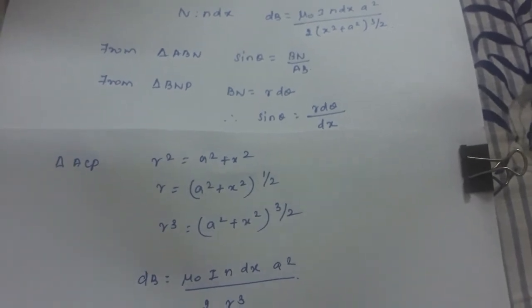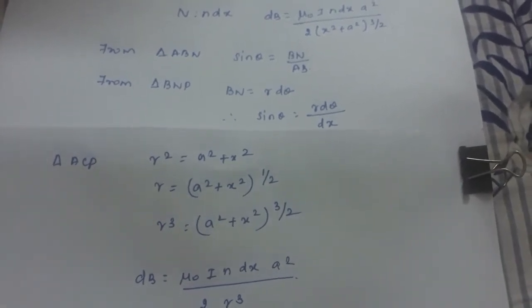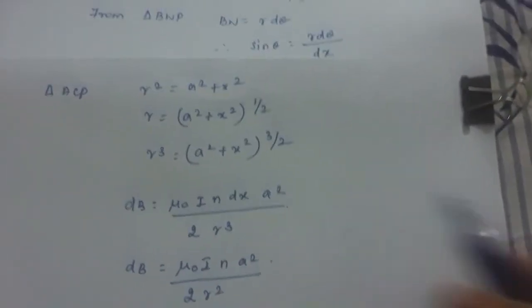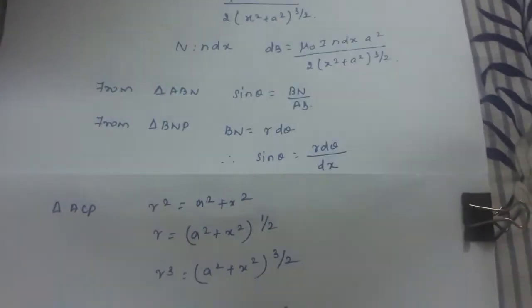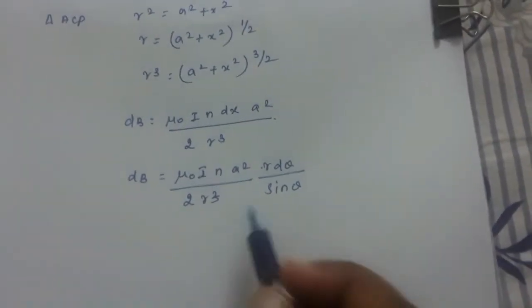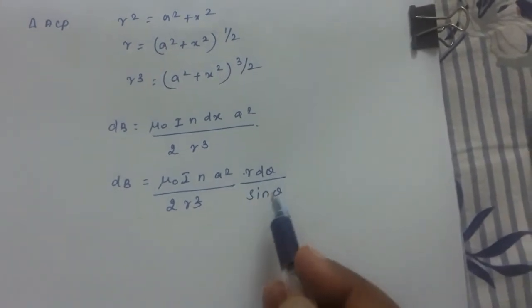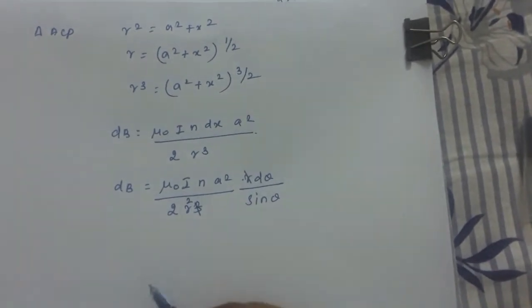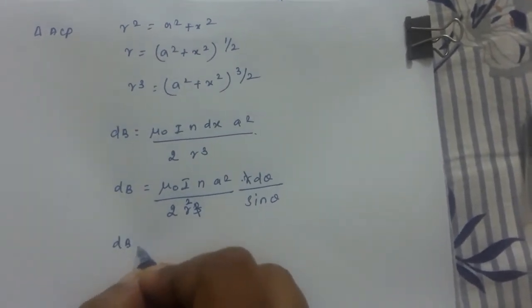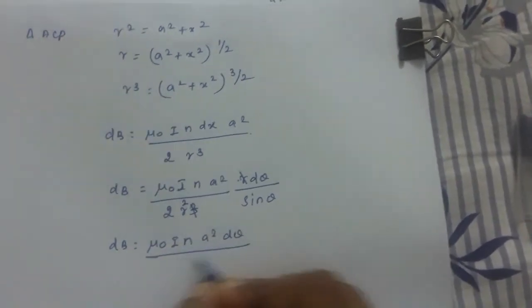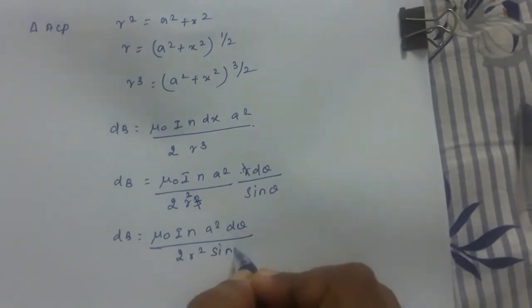For dx I am going to substitute R d theta by sin theta. So one R and another R will get cancelled. So this will become R square. So dB is equal to mu 0 I n a square d theta by 2 R square sin theta.